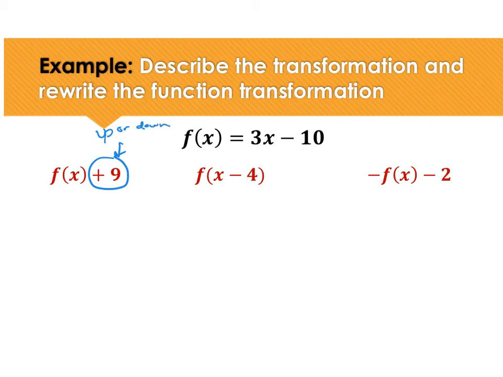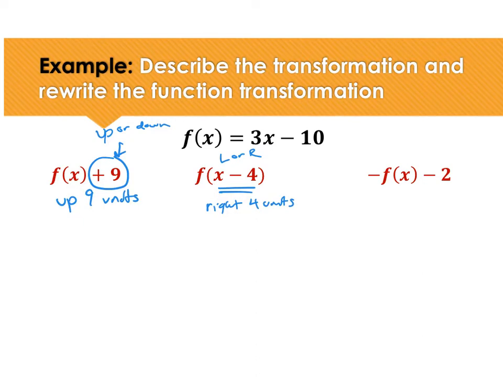And so in this case, since it's positive 9, that would shift the entire function up 9 units. In the middle one, notice it's in parentheses. Anytime it's in parentheses, that's left or right. But remember, it's opposite. So if you see minus 4, that actually shifts it right by 4 units there.